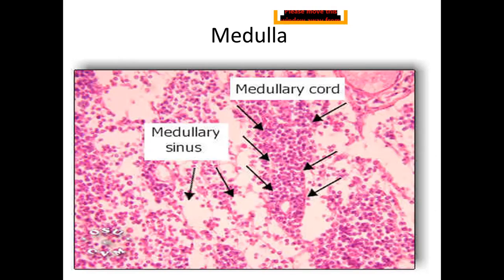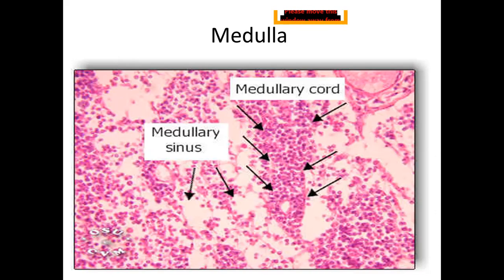What are these cells? They are lymphocytes, plasma cells, and macrophages. They are also enmeshed in a network. Previously we talked about it and named it a cord.